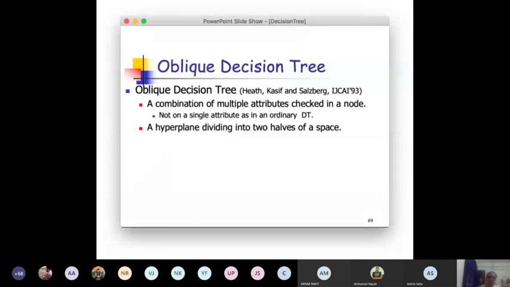And if you evaluate the value of that expression at a point, it's a linear combination of attributes plus a constant term. So that also you need to consider when you express a hyperplane. Let me give you an example.